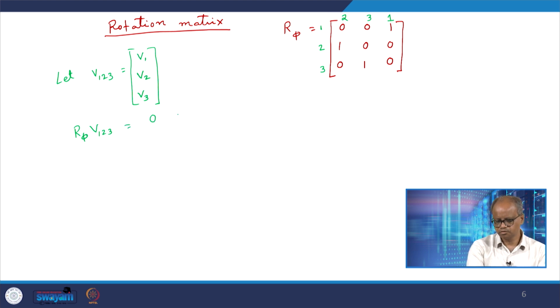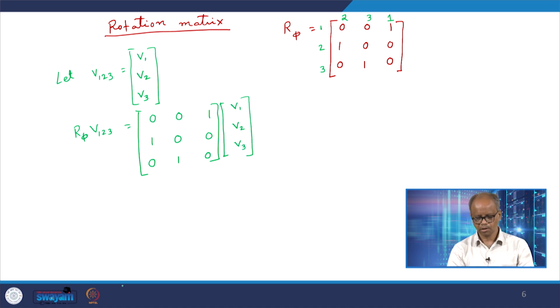It would be 0, 0, 1; 1, 0, 0; 0, 1, 0 times v1, v2, v3. Then what will happen?